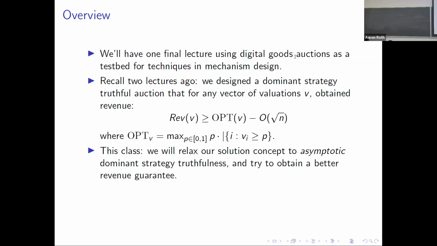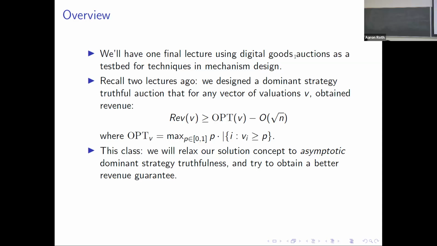But in this class, we're going to ask, what if I'm okay with the possibility that you might be able to gain a little tiny amount, like an infinitesimally small amount, by misreporting, and that you do essentially as well as you could possibly do by telling the truth, right? Maybe you could gain a tiny amount by misreporting, but not much.